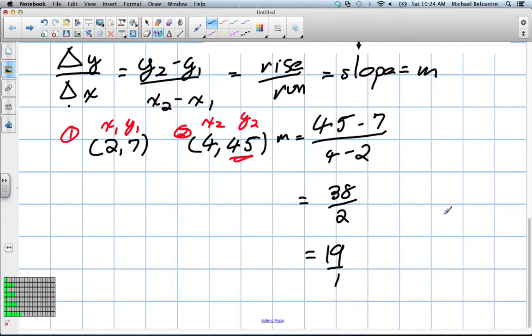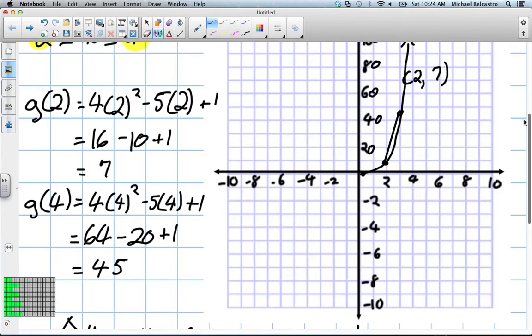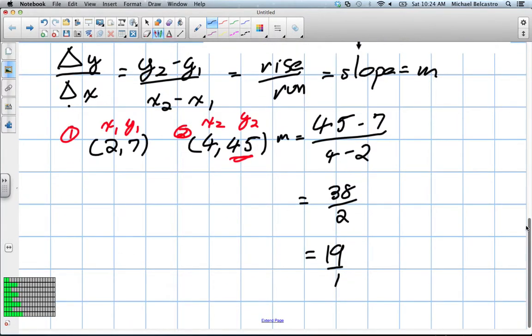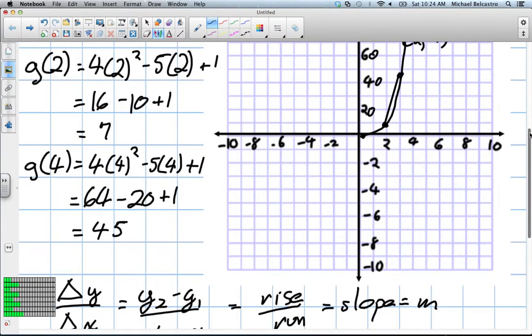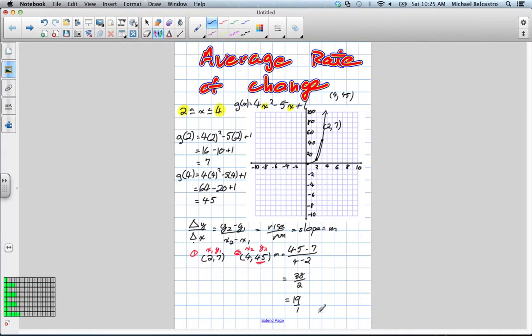Okay, so that's technically our slope, 19 over 1. So the rate of change, and they didn't give us a unit, the rate of change is 19. So this thing's going up 19 for every 1 it moves over. Okay, so that would be the slope between these 2 points. The average rate of change is 19. Okay, and then for each of these, we have to carry out the exact same process of plugging these numbers into this equation, getting the coordinates, and then plugging into the slope formula for the coordinates.